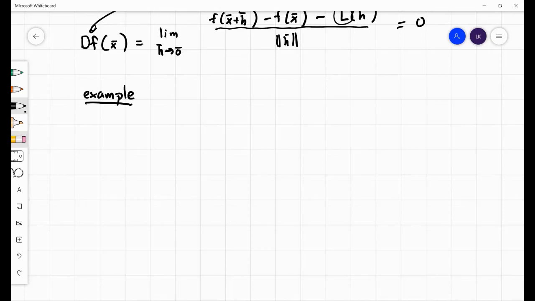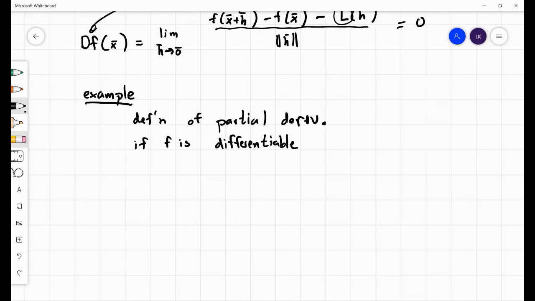And this example will use the definition of partial derivatives to find the partial derivatives. And also a fact that your professor, I'm sure, told you about. It's the fact that if a function is differentiable at a point, and this is key in this example, then f is continuous at that point.